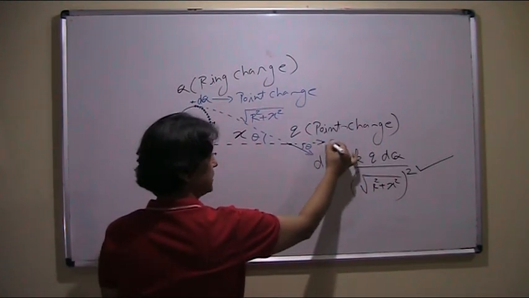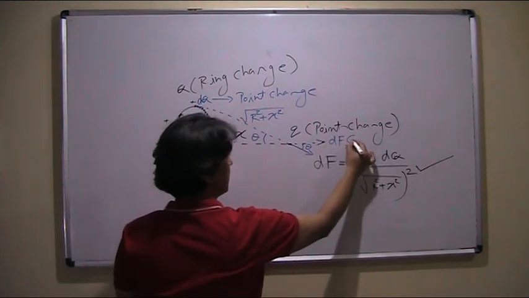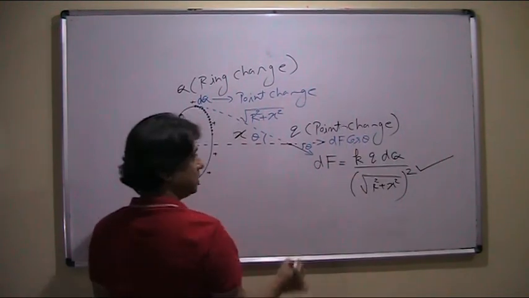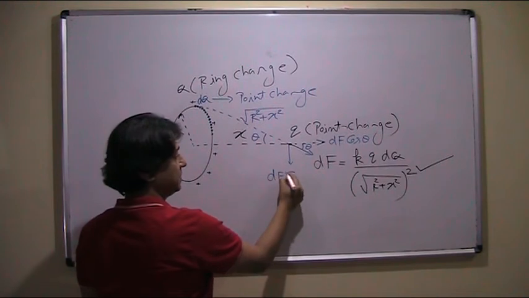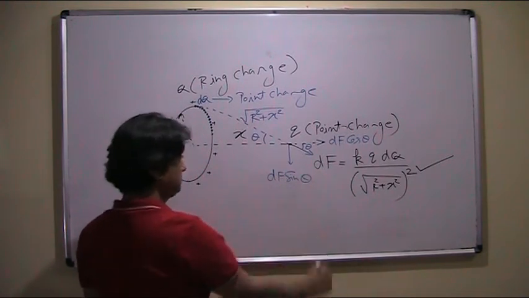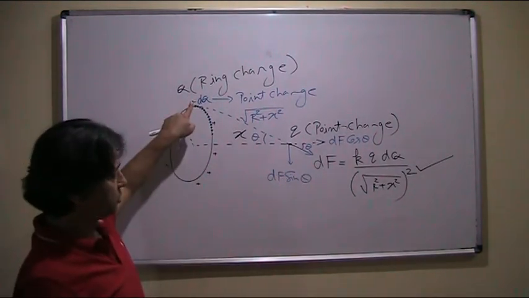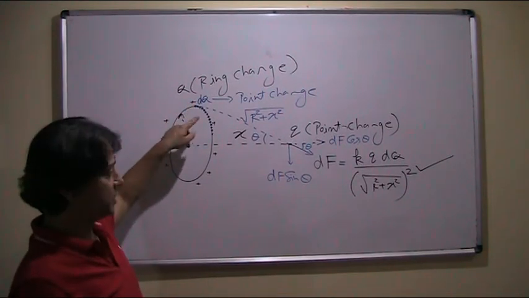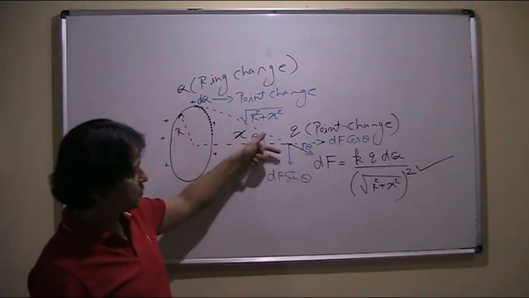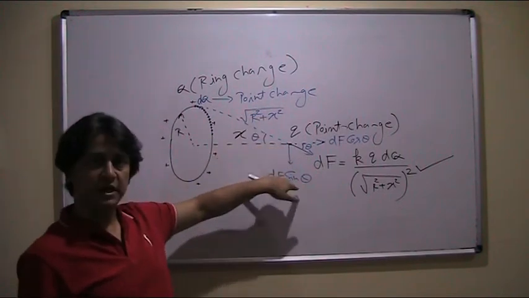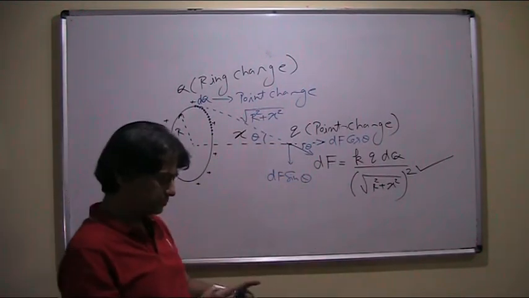This component is dF cos theta, whereas this component is dF sin theta. So this dq is having two components. One is along the axis, which is dF cos theta, and the other one is perpendicular to the axis, which is dF sin theta.